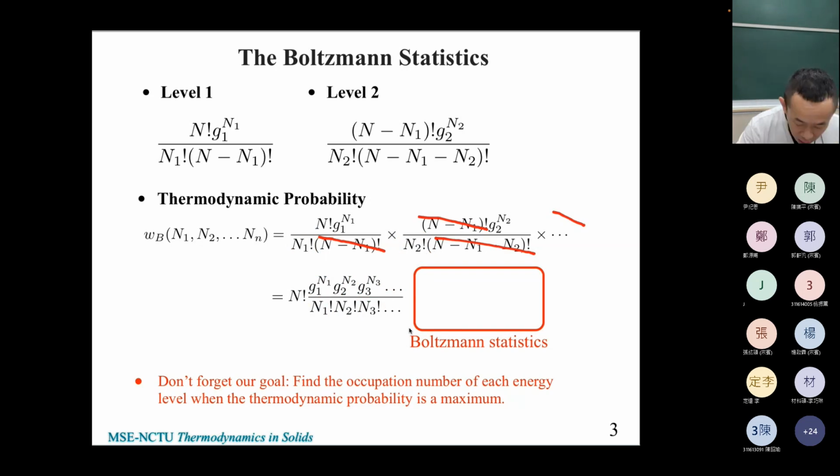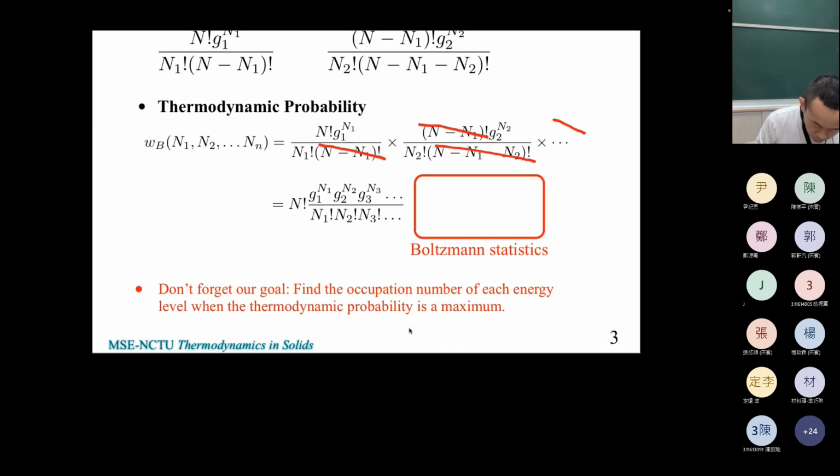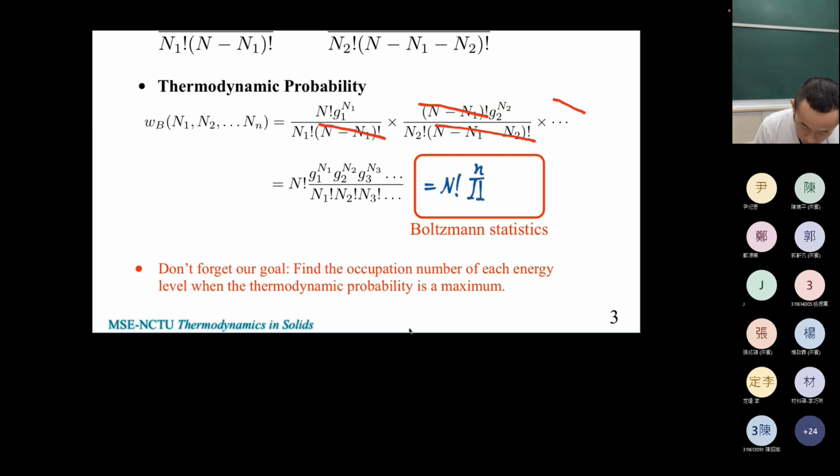So it looks a little bit easier now, but don't worry, I will make it even simpler. It's N factorial multiplied by the product over j of g_j^N_j over N_j factorial.